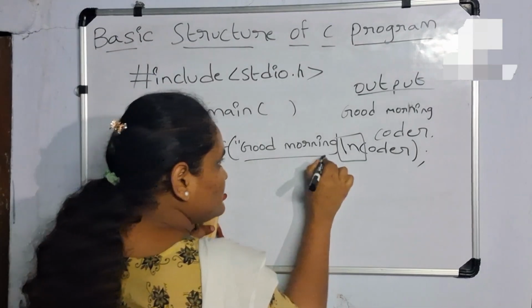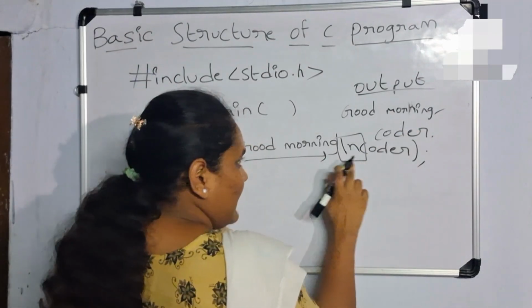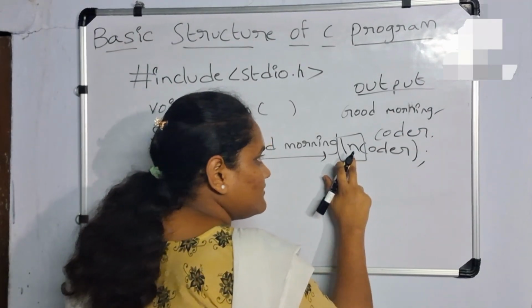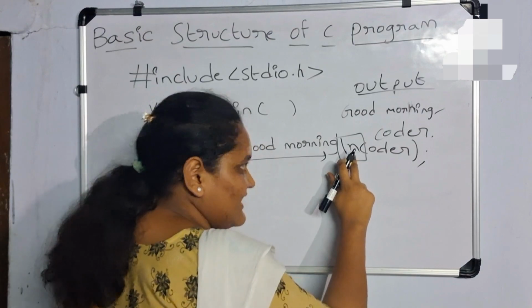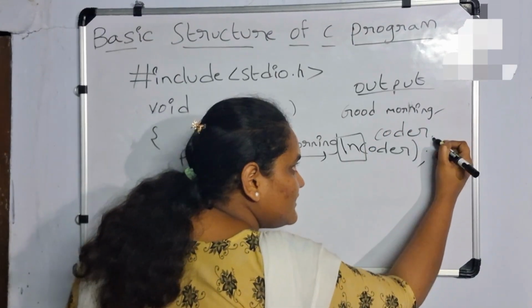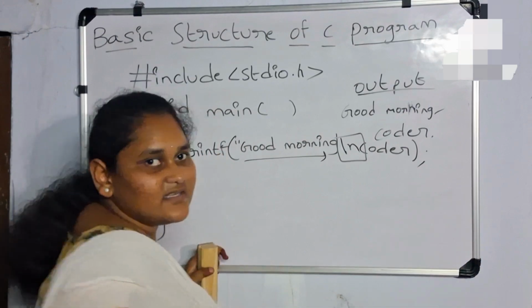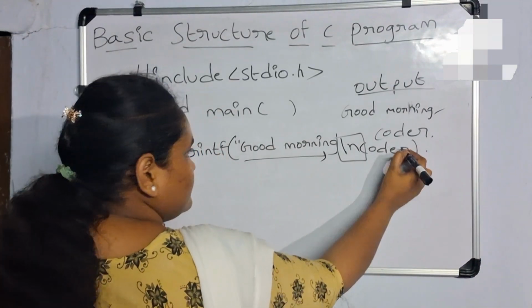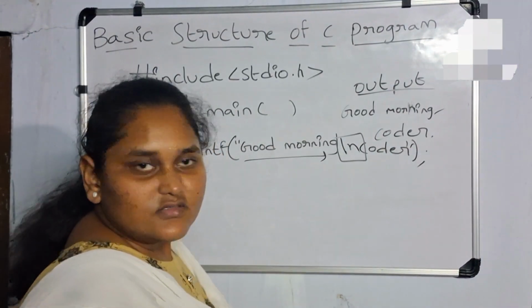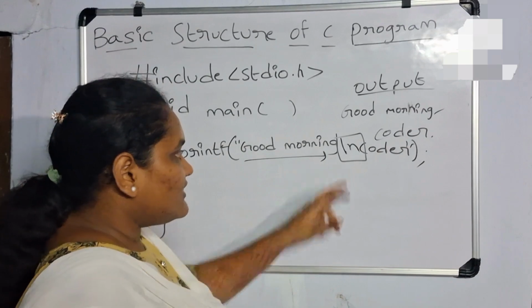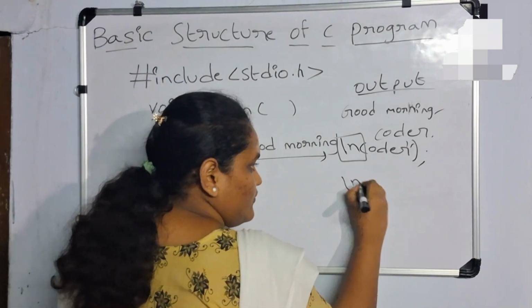First, everything up to this will be printed in the first line, and next when the control goes to \n, it will just go to a new line and then print the rest of the string. So I hope you understand what \n does.